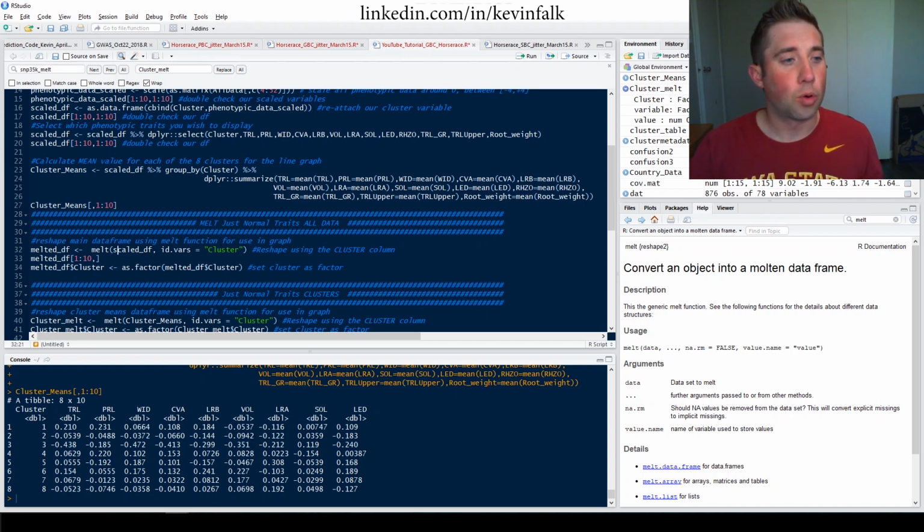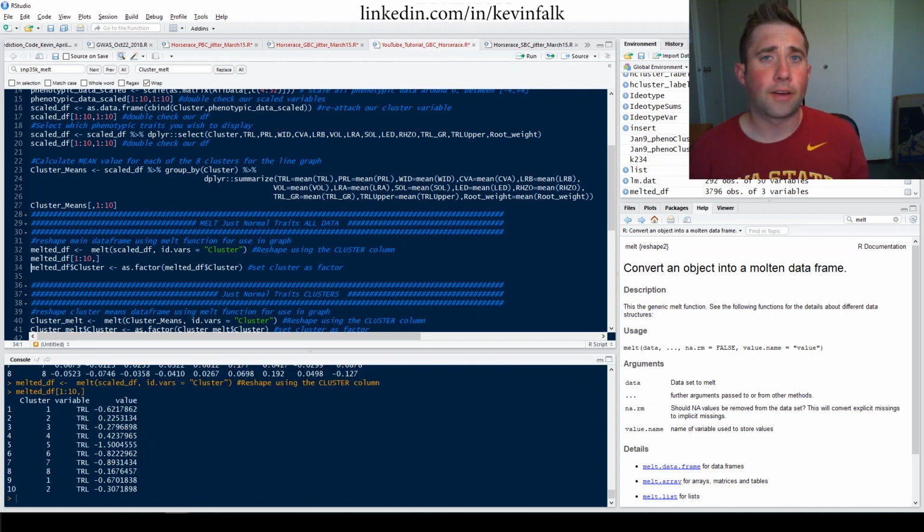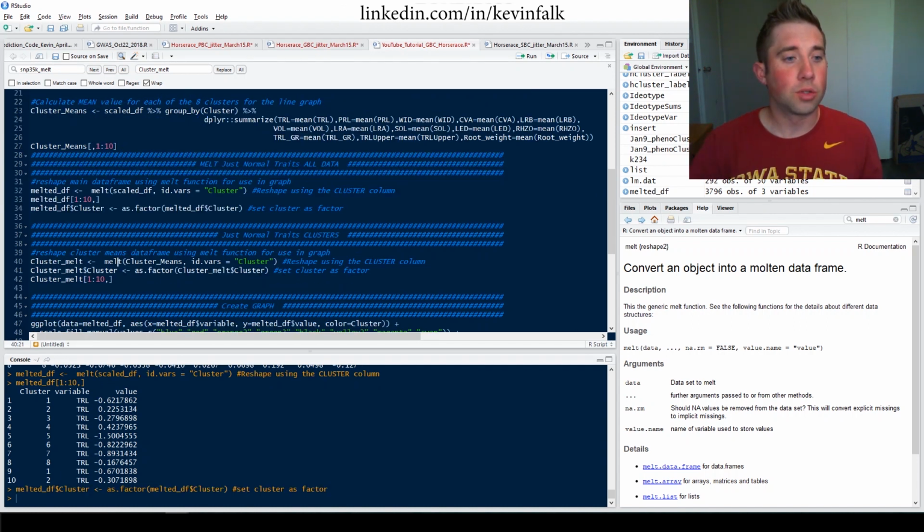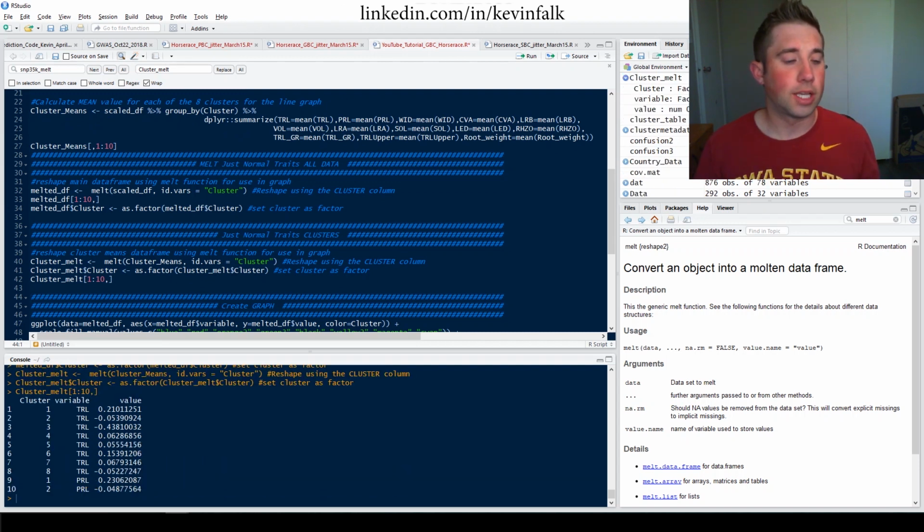So I'm going to take the scale data frame that we have, so for all the different points, for all 300 different genotypes, and we want to use the cluster column as our identity column, and we can build on that. After that function is run, we have clusters from 1 to 8, and then we've got variables and we've got values. So instead of having a wide data frame, we have a very narrow but long data frame. So do the same thing here and should get the same output.